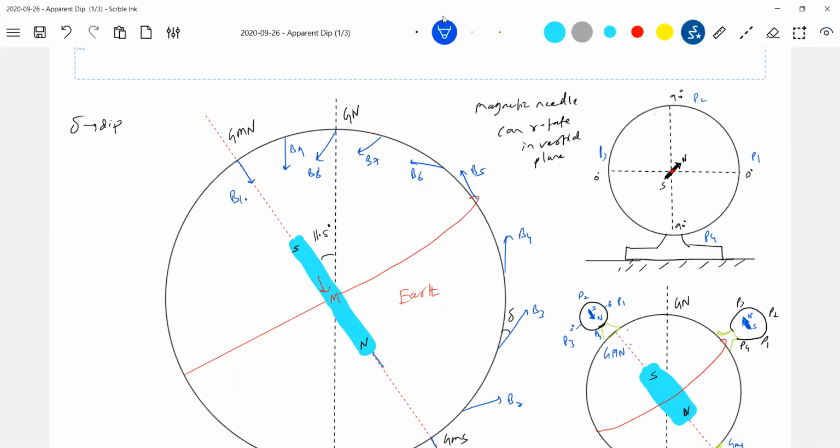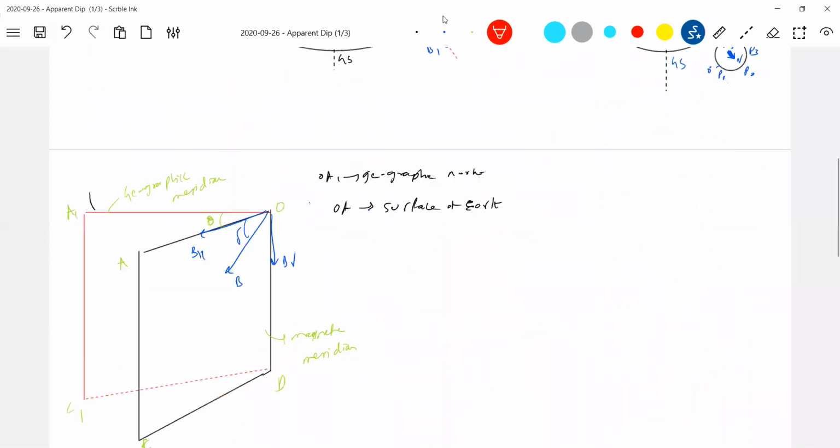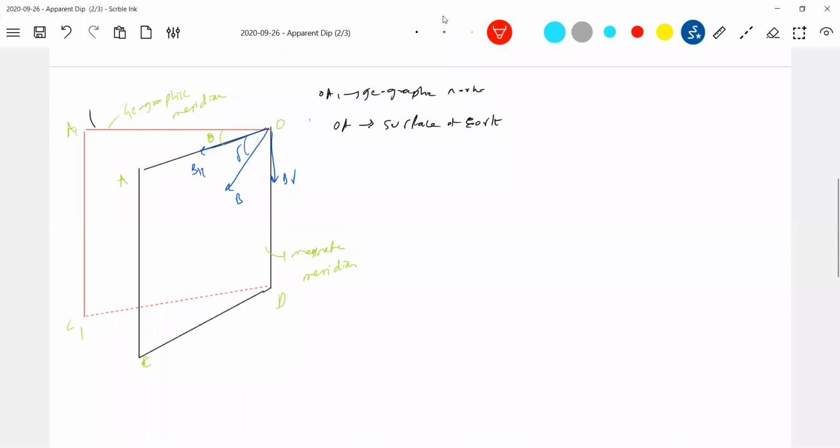So here you can also write, this is the dip. Dip at one place, dip at another. So the diagram somewhere between the geographic north and the magnetic equator is what I'm showing.